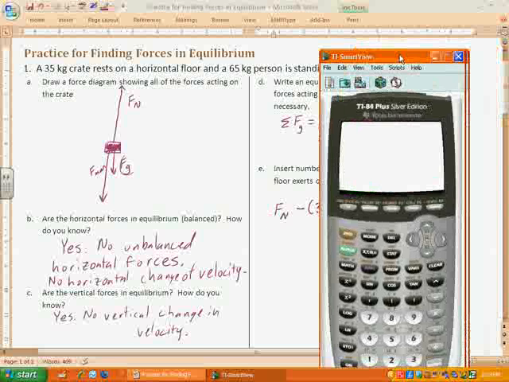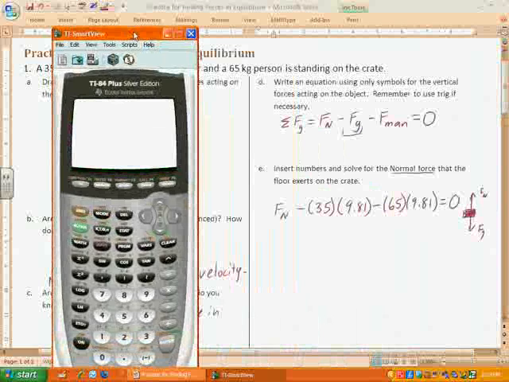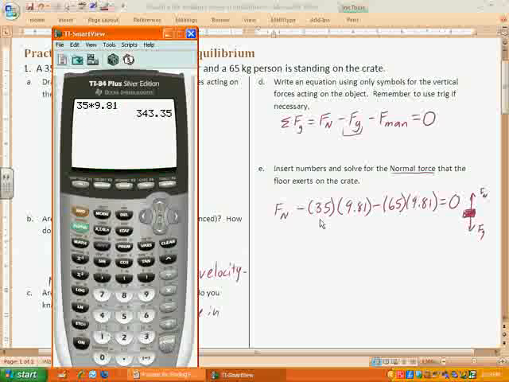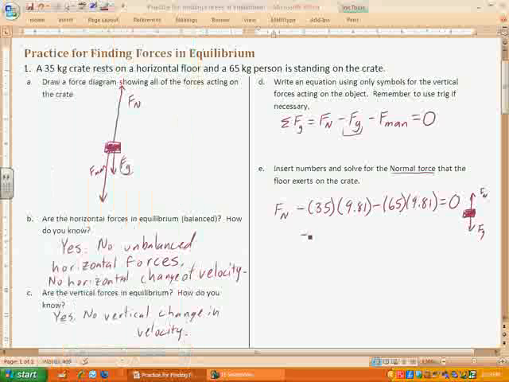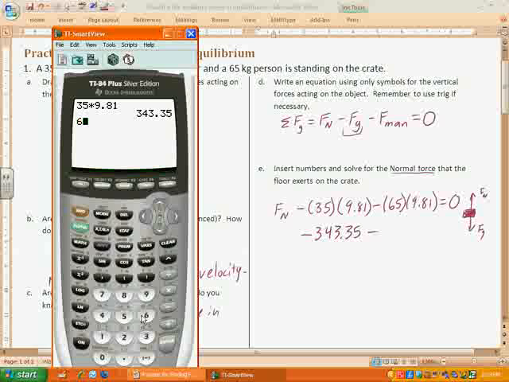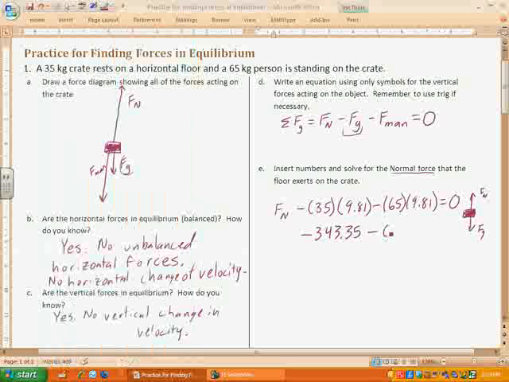So let's go ahead and pull up our calculator. We've got 35 times 9.81, so minus 343.35, minus 65 times 9.81, so 637.65, and easy math to solve.